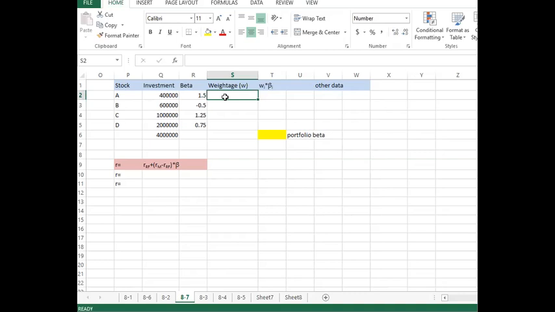The formula of weightage is that the investment in stock A, which is 4 lakh, divided by total investment available. Similarly, we are going to calculate the weightage of all 4 investments.